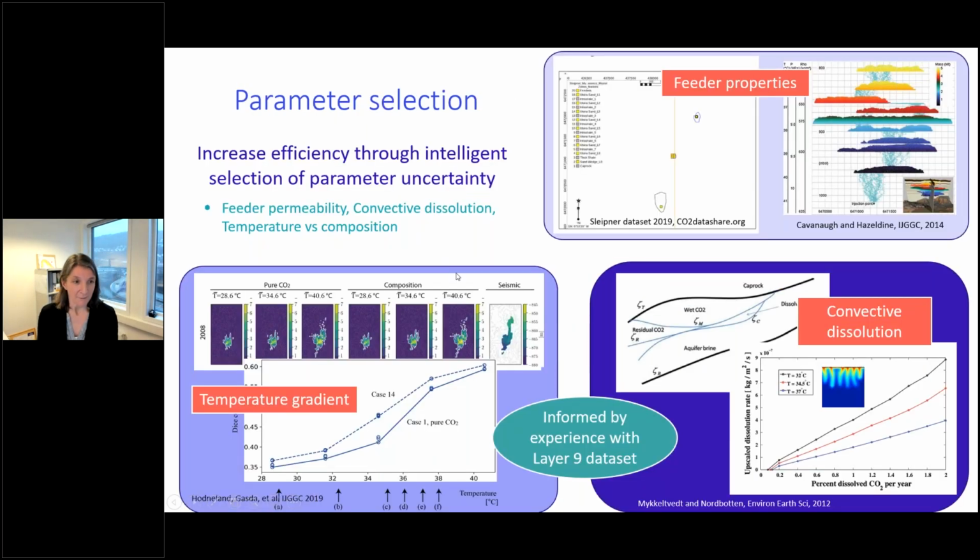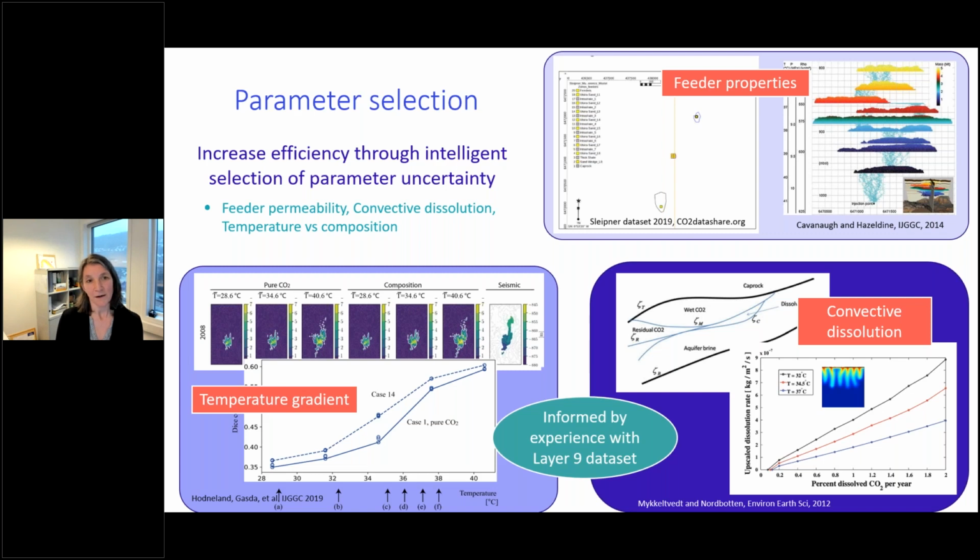So the first aspect is about the parameter selection, and for the Sleipner CCS or CO2 storage project, there's been, of course, a lot of experience gained over the past 25 years. So we use this knowledge to increase efficiency through intelligent selection of the parameters we're going to focus on.